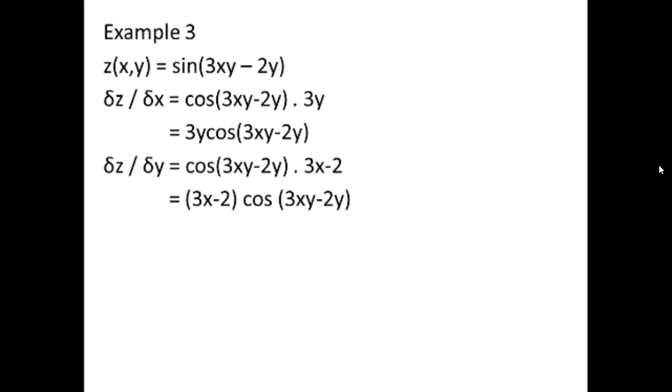And delta z over delta y is open bracket 3x minus 2 close bracket cos open bracket 3xy minus 2y close bracket. When sin is differentiated, we convert to cos.